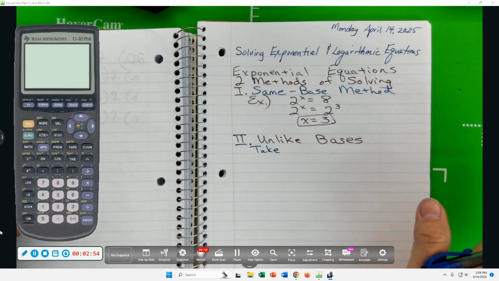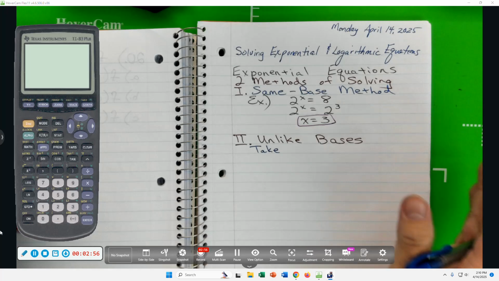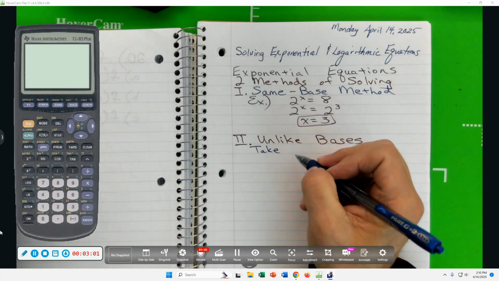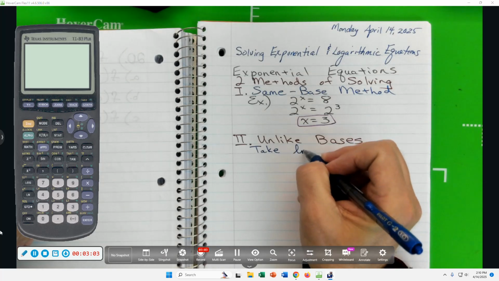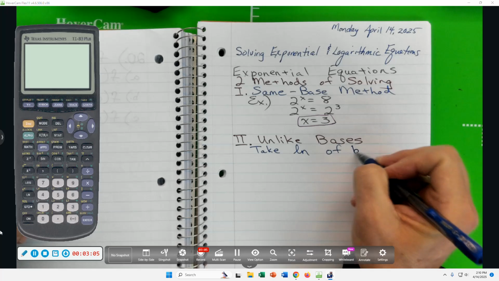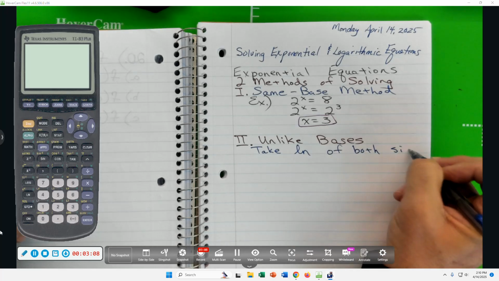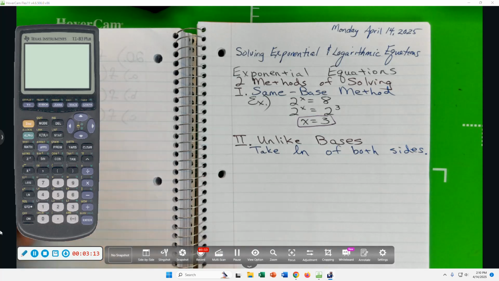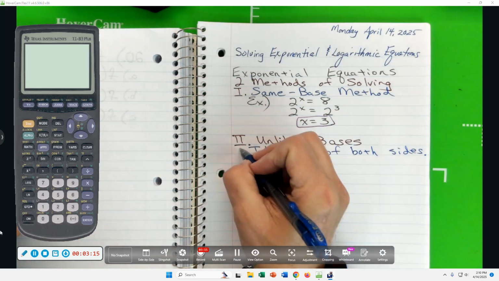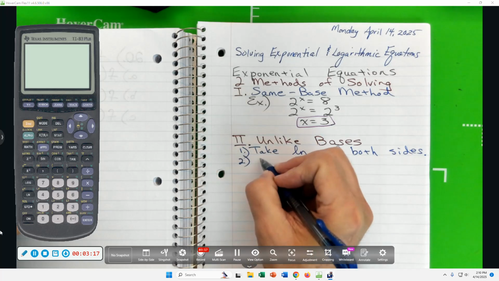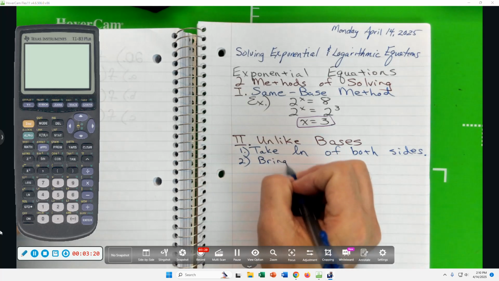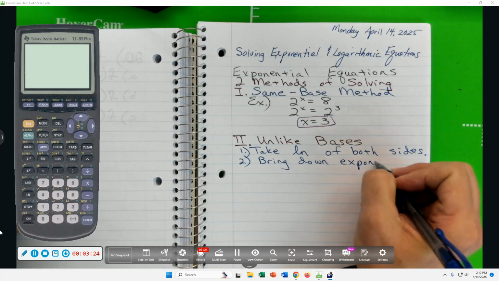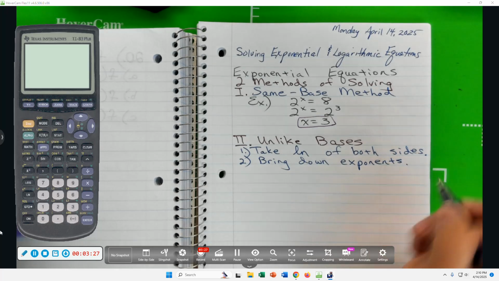It doesn't matter which logarithm you use, but you need to use a logarithm that has a key on your calculator. The one that I use, I'm going to use the natural log of both sides. And the reason you take that natural log is because then that lets you bring down the exponents using the power rule of logarithms.